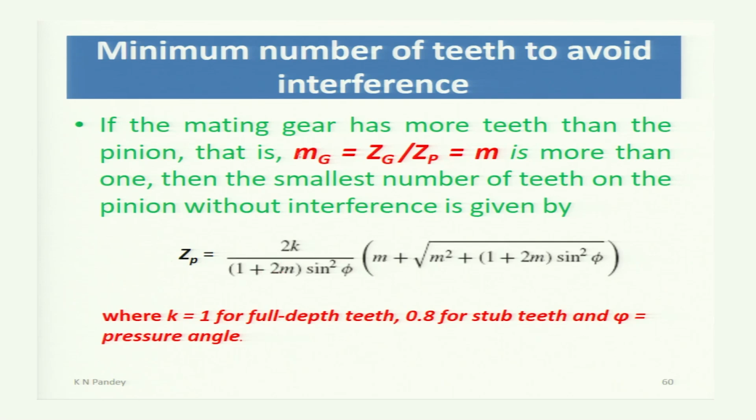Here m is actually mg, which is the ratio of the number of teeth on the gear divided by the number of teeth on the pinion. Sin square phi, within the bracket mg plus under root mg square plus 1 plus 2 mg sin square phi.